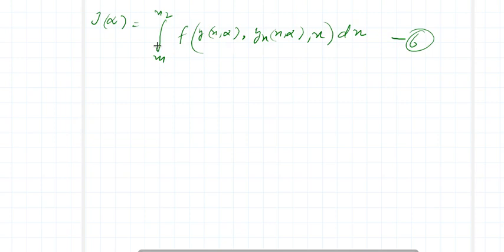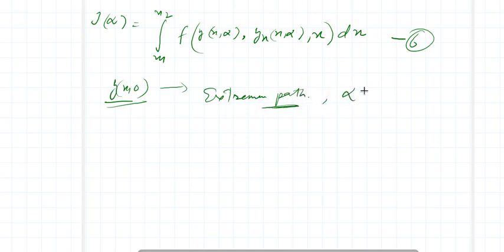So what we have chosen, y(x, 0), is a path. Which path is this? It is the extremum path, and for this extremum path alpha must be equal to 0. And for this function to be extremum, because this J(alpha) represents the length of the path, it should be extremum, meaning minimum.